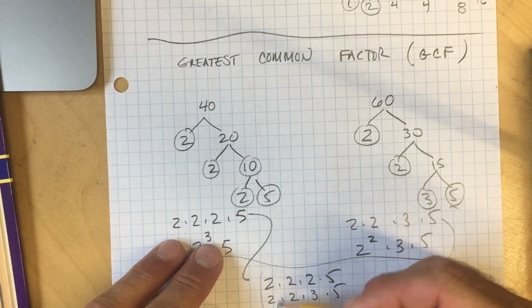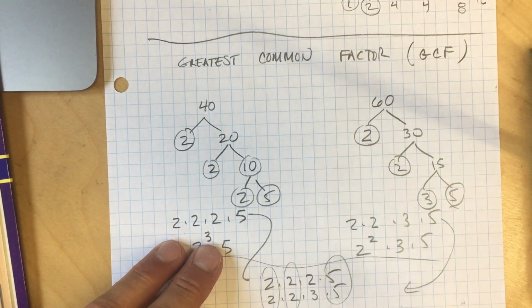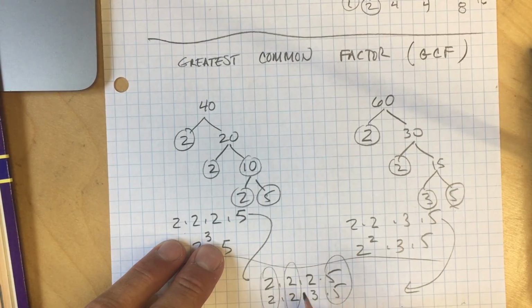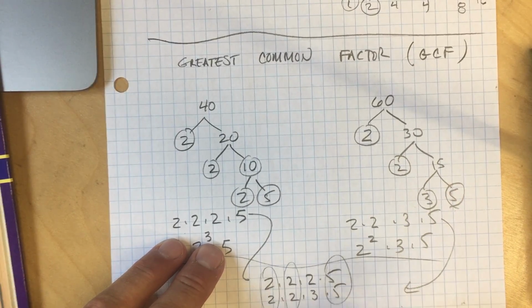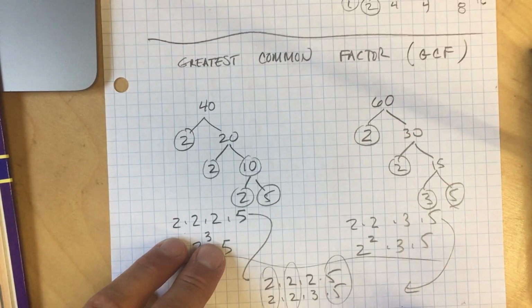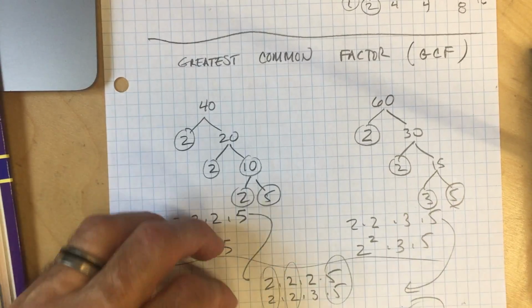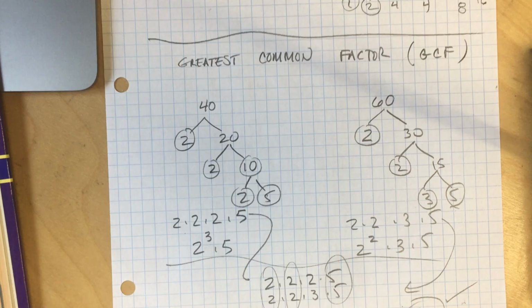So we're going to take those match, those match, those don't, those match. So essentially we have 2 times 2 times 5, which is 4 times 5, which is 20. 20 is the greatest common factor.